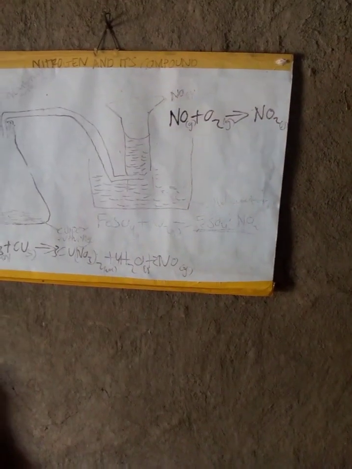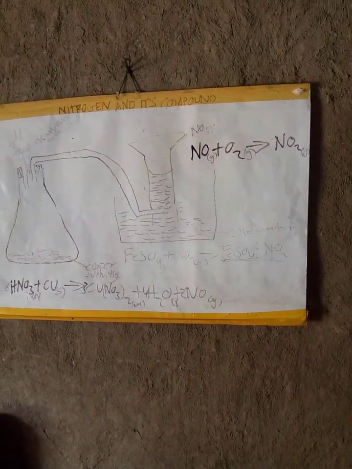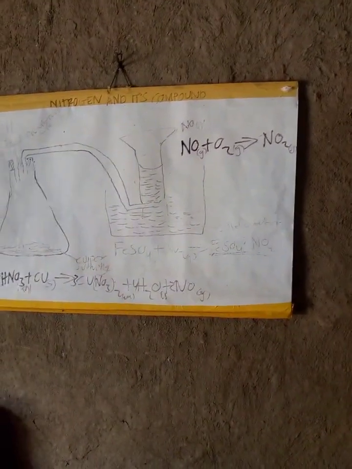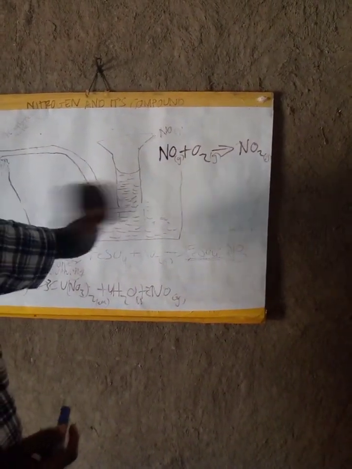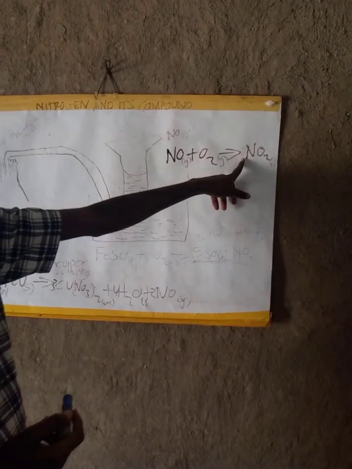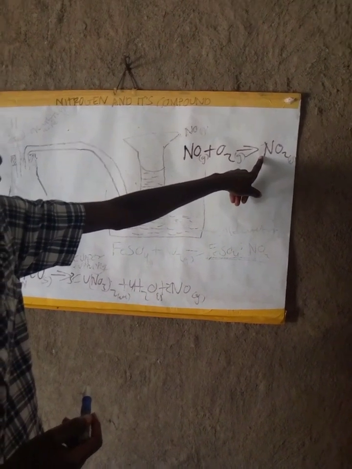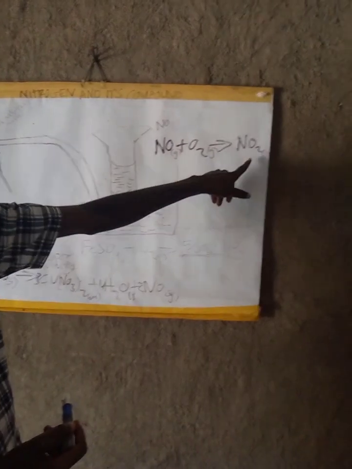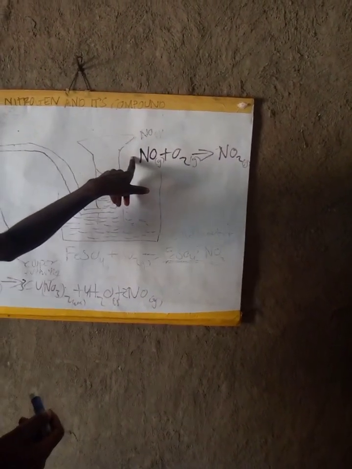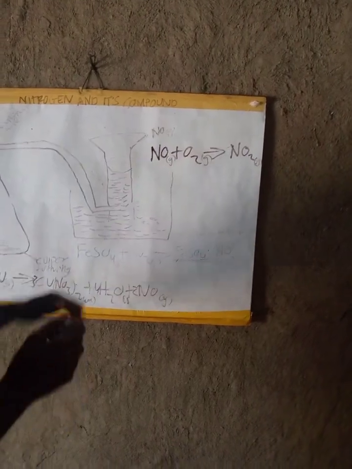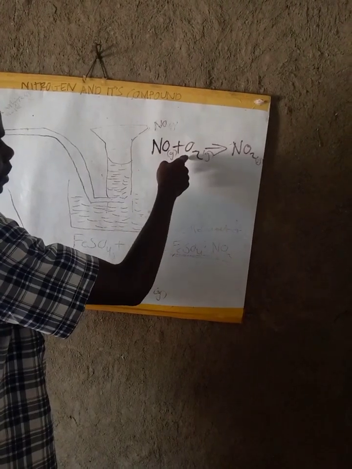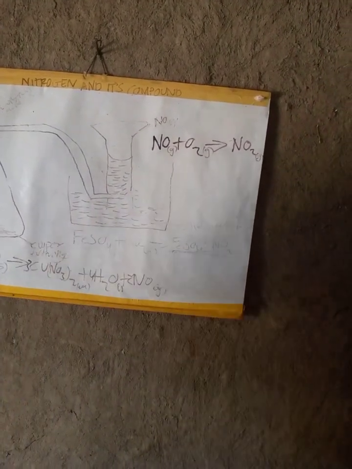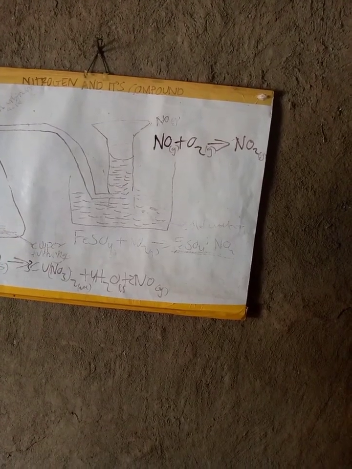If we balance the equation, how is the equation going to be? 3 oxygen, 2 oxygen. If we put here 2, we are going to have 4 oxygen. If we put here 3, that is 6 oxygen. Let's see how we can balance this equation.